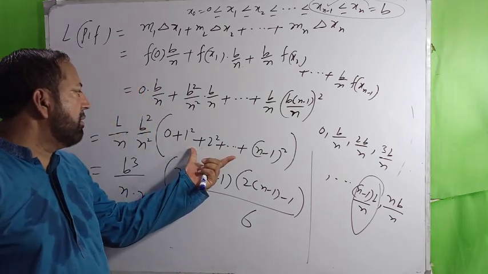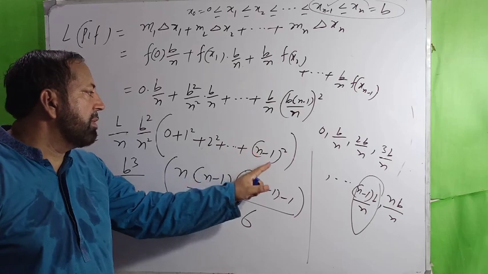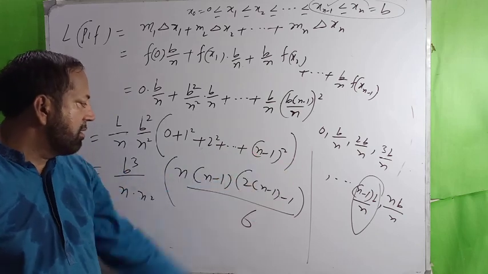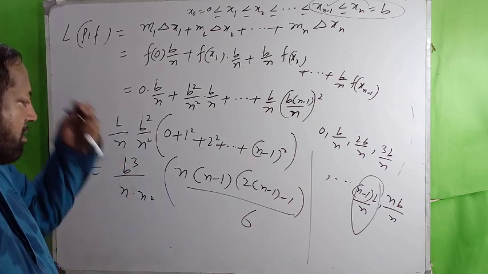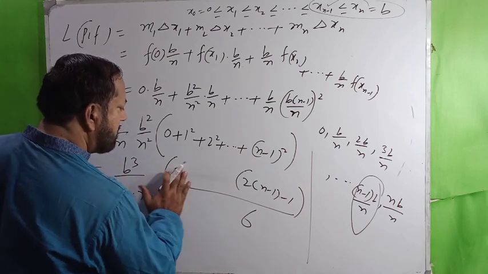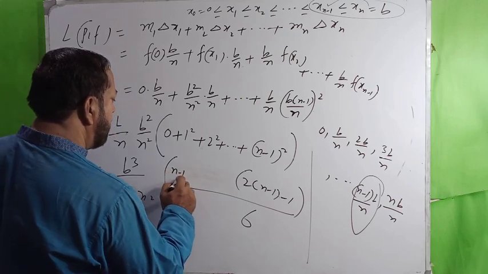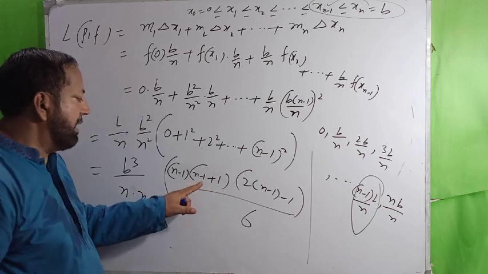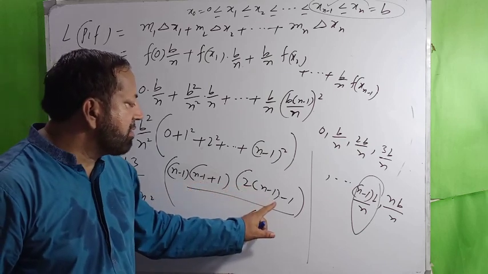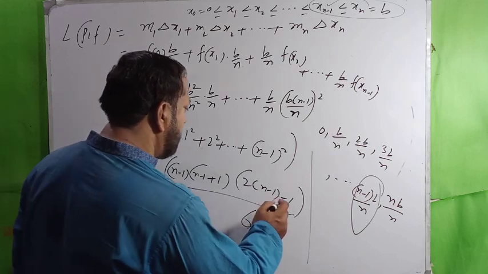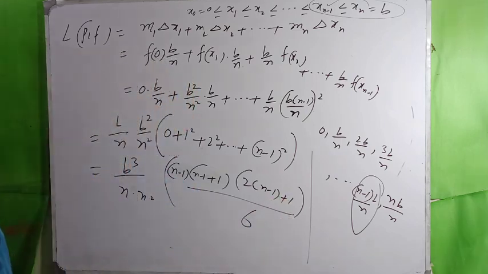We know this formula from 1 square, 2 square up to n minus 1 square is equal to n into n plus 1 into 2n plus 1 divided by 6. In fact the formula is n minus 1 into n minus 1 plus 1, which is n, into 2 into n minus 1 plus 1 divided by 6.